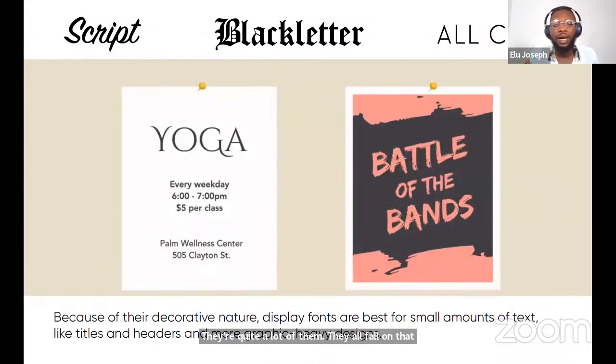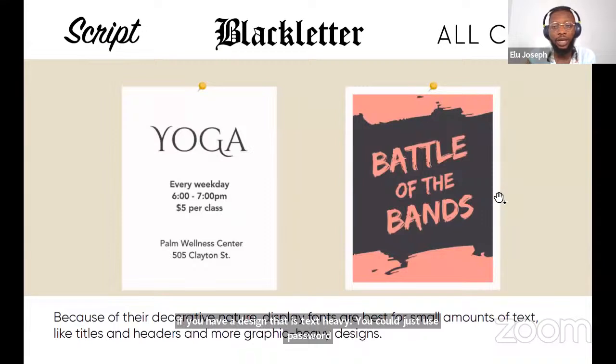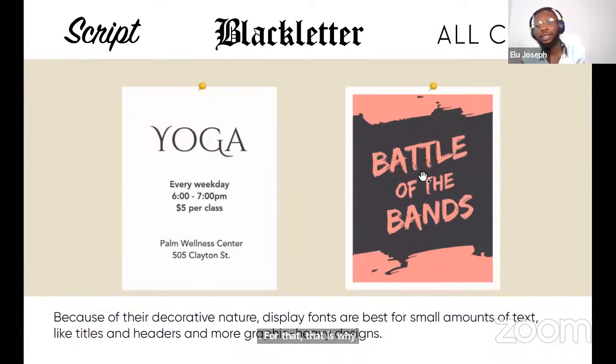And I said, because of how decorative their nature is, it's best to use them for only the titles or only the headers. Or if you have a design that is text heavy, you could just use decorative fonts for that. That is why we have the sample here, Battle of the Bands. This is a decorative font.